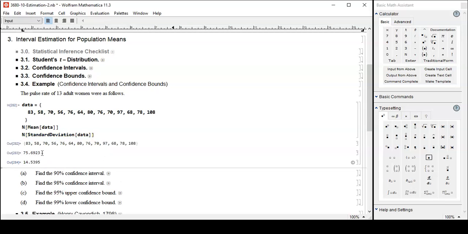So the mean is 75.6923. That's easy. Add up all these and divide by 13. That's it. Standard deviation is far more difficult to calculate.